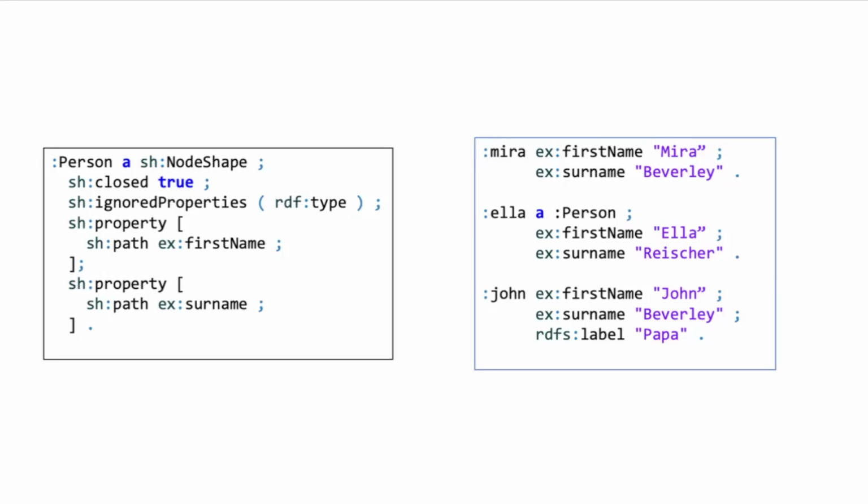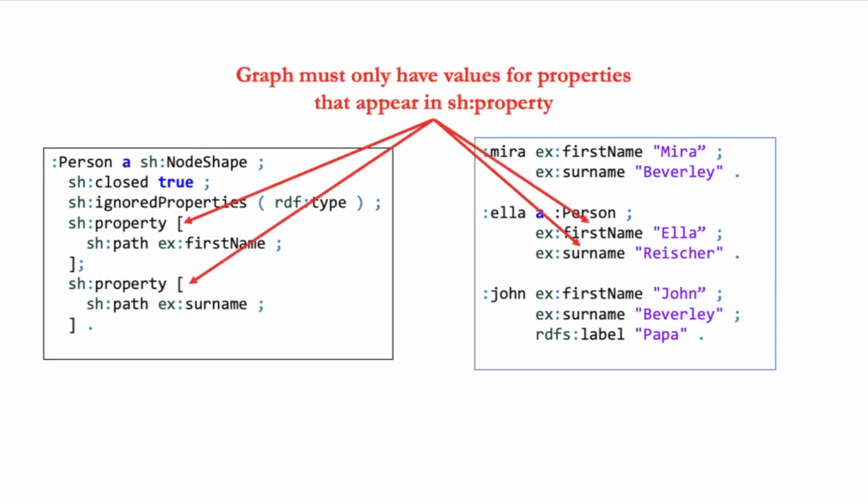So here you use sh:closed and you say it's true. Enforcing the closed world assumption. You can also put exceptions in. But before we get there, this says in the closure, the graph must only have values for properties that appear here, like first name, surname.